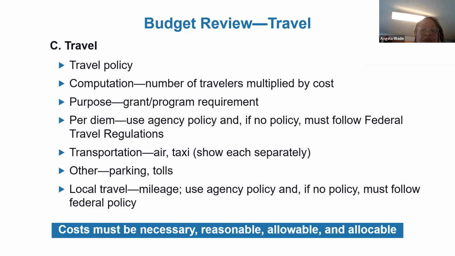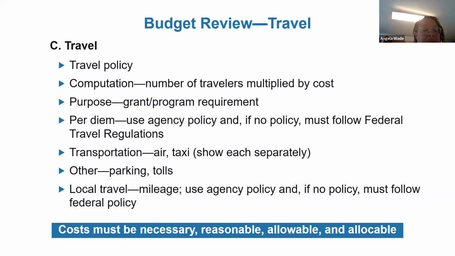Otherwise, we're going to assume that you're following the federal travel policy when you're estimating your cost for travel. For travel, we want to see how many people are traveling. We want to know why you're traveling, and a lot of times your particular grant program or your program office will have mandated travel. So that might be your purpose right there. You want to let us know your per diem rates.